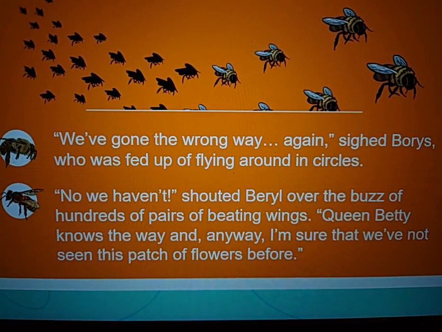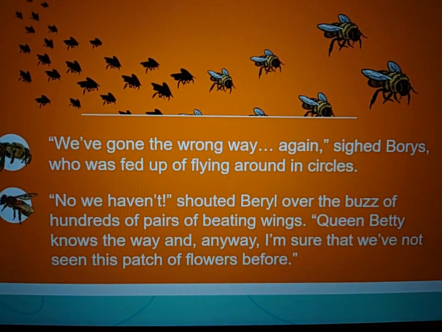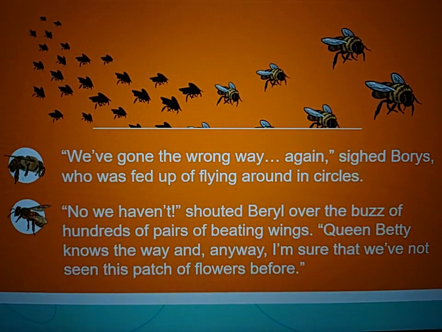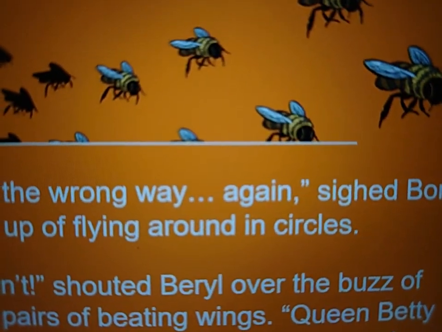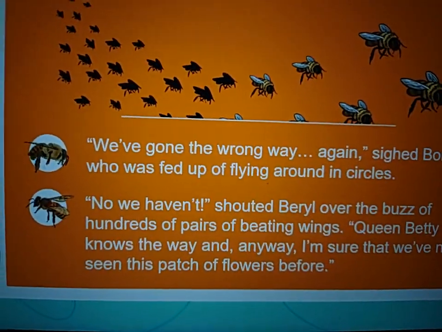"Queen Betty knows the way, and, anyway, I'm sure that we've not seen this patch of flowers before." Full stop. Inverted commas. Notice again, I think we all know this already, but the comma here, the exclamation mark there, and the full stop are all inside the speech marks. Inverted commas, speech marks. Okay.